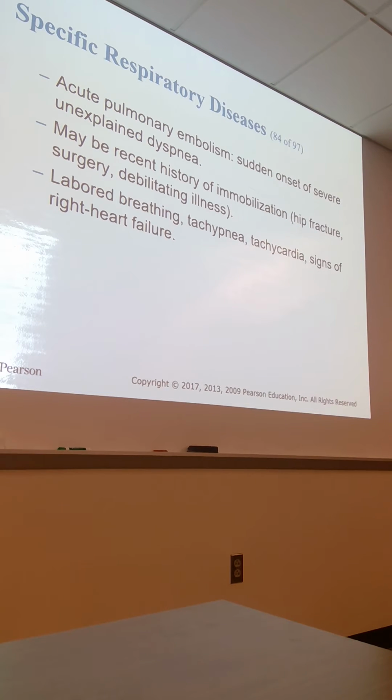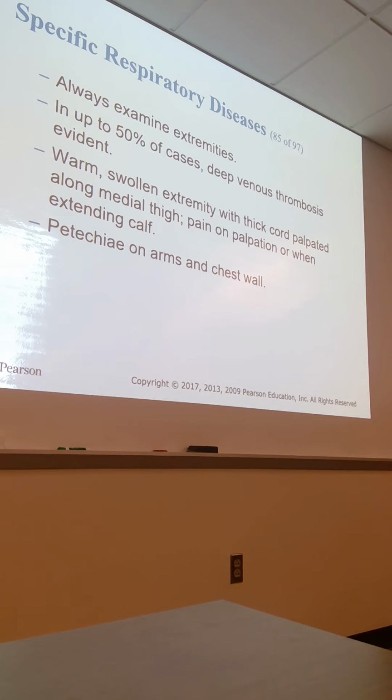Okay, so sudden severe unexplained dyspnea, history of immobilization, labor, breathing, tachycardia, tachypnea, right heart failure, because if this is big, it causes acute right-sided heart failure. The diagnosis of heart failure is the inability of the heart to pump that which is delivered to it.